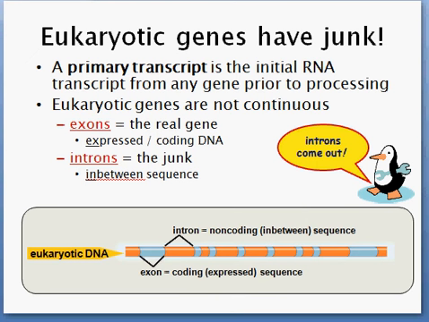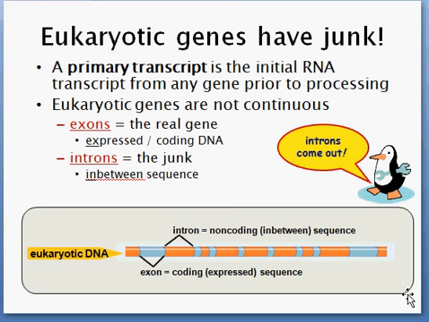The actual coding sequences are only found in the exons, the X is for expressed portion of DNA. And the introns, the N stands for in-between sequences, is what is not coded and what is actually spliced out of the messenger RNA during that processing period.